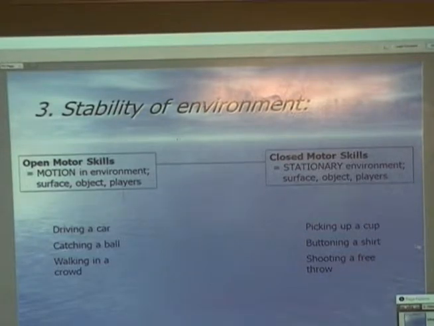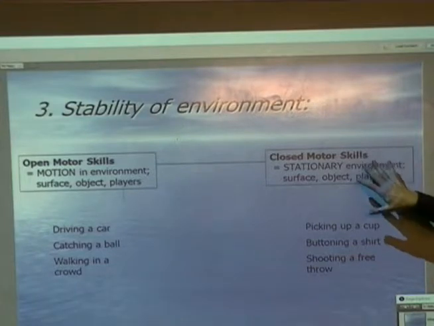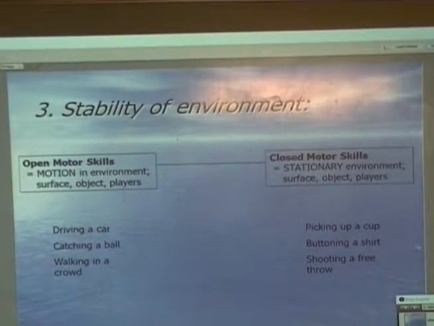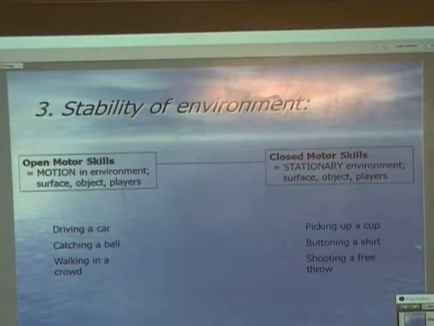Okay. On the other end of the continuum, we have closed motor skills. So these are skills that occur in an environment that is very stable, very predictable, right? The surface is stationary, the objects, if there are any, are stationary, and there probably aren't other players within the immediate vicinity. Okay.